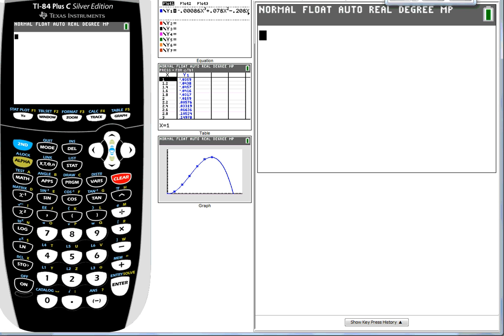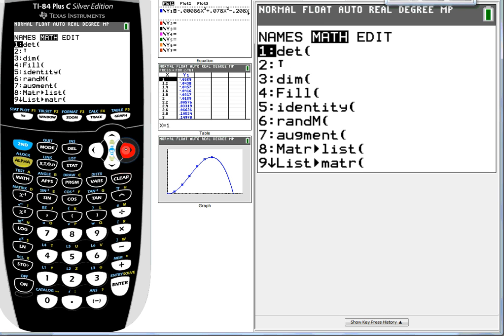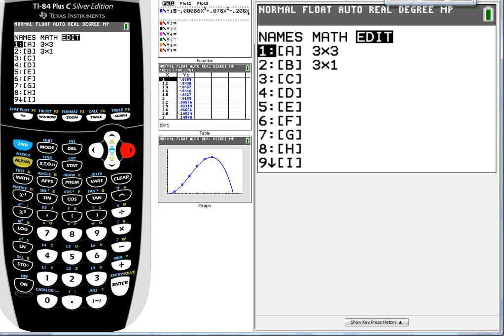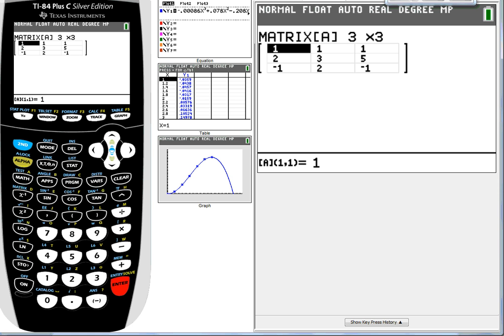So on here, if you press second matrix, it gets you into the matrix editor. Then I can go over to edit and press enter. And then whatever it says on here, you're going to want to turn it into a 3x3. So I want a 3x3 matrix, then I want to edit this thing.